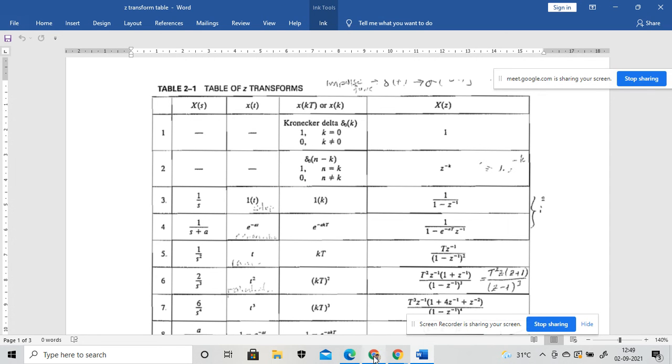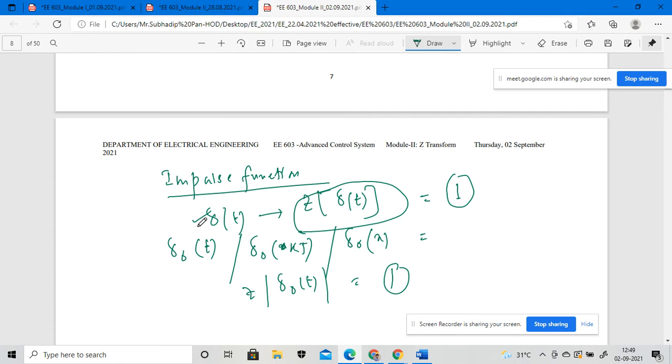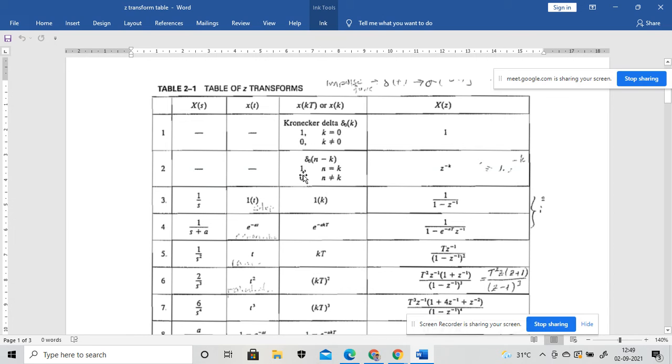Whenever in any function you find this, you have to put the value of the z transformation as 1, right?